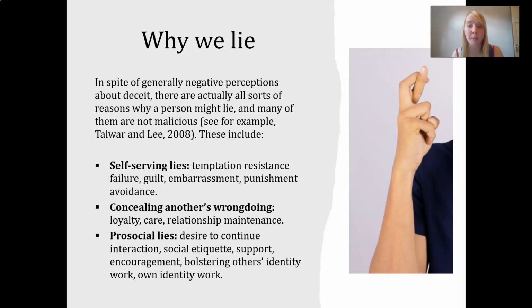Sometimes we lie for other people, so our motivation is to do with concealing another's wrongdoing. But there are also a huge number of lies which are what are referred to in the literature as pro-social. So a desire to continue interaction, it being good social etiquette, to offer support or encouragement to other people, or bolstering other people's identity work or our own identity work.